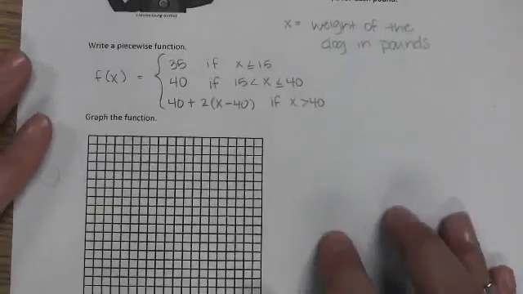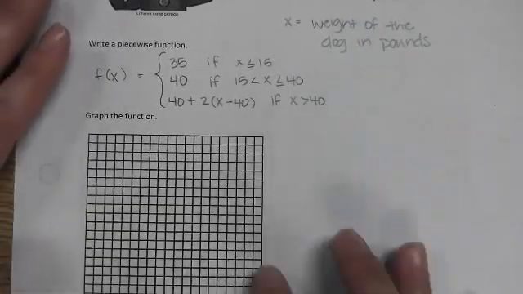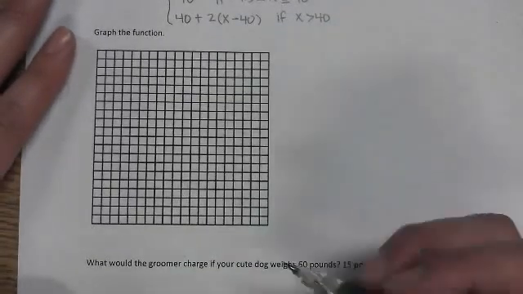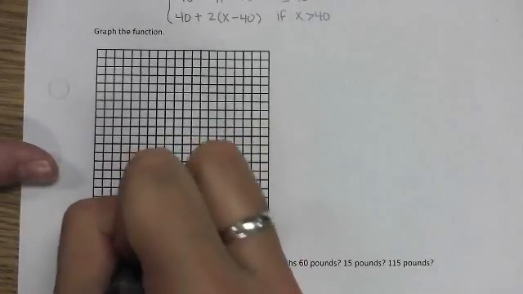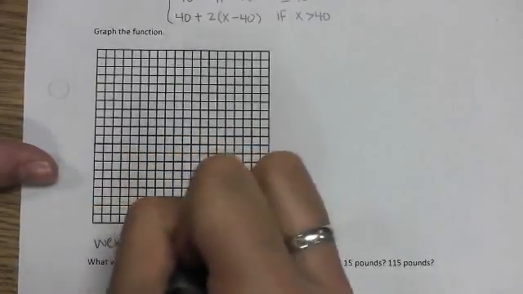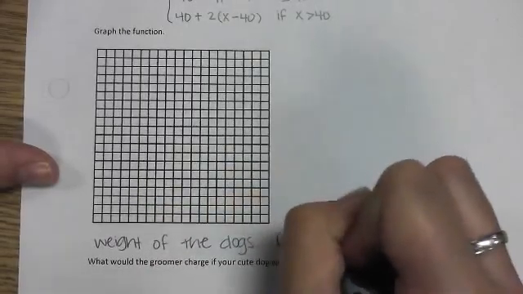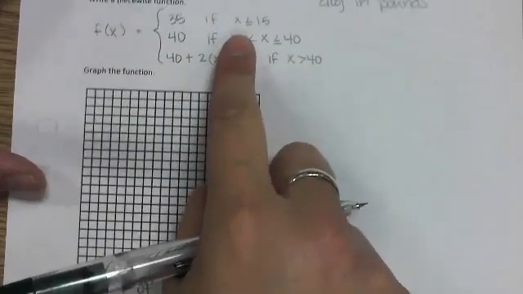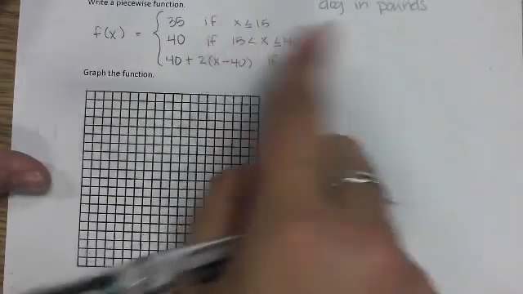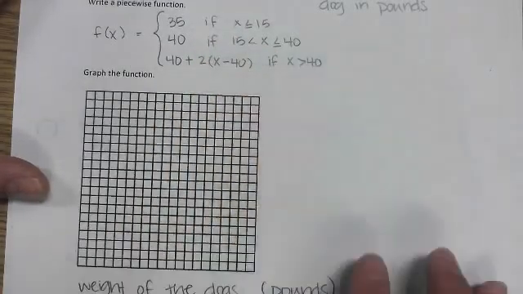So down here for graphing the function, since we are doing a story problem, we should label our axes so that the person who looks at this knows what everything represents. So the x was the weight of the dogs in pounds. And since we know our x values go from 0, because it's less than 15, we're not going to have negatives, all the way up to 40 or more.